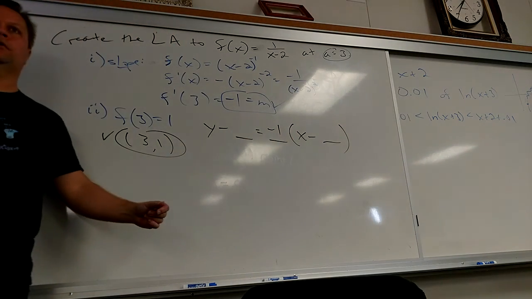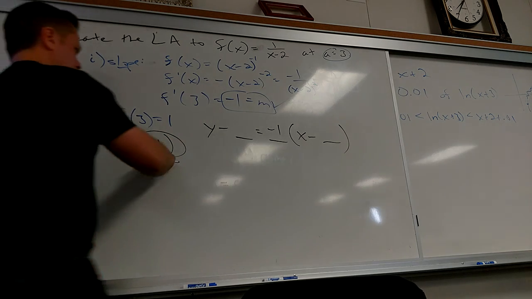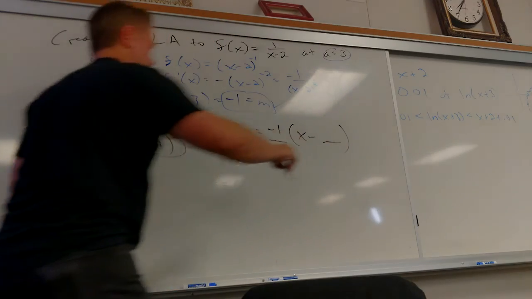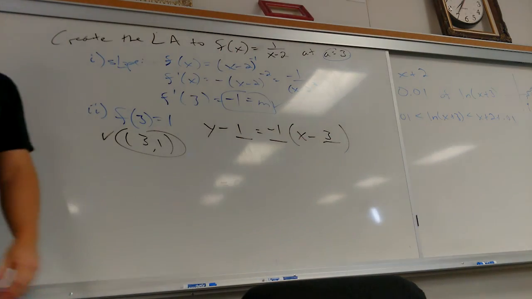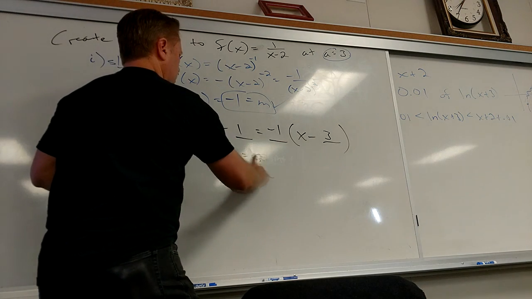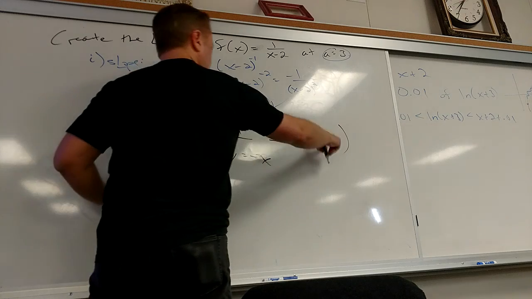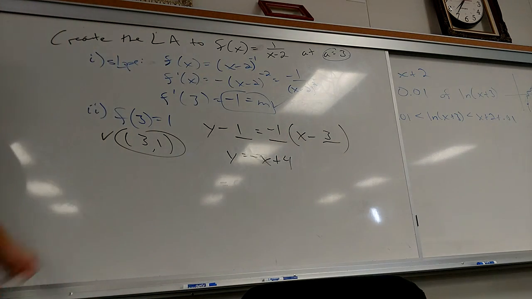Yeah. What goes here? 1. That's the y value. And what goes there? 3. Because that's the x value. So y equals negative x plus 3 plus 1. Is that cool if I just kind of get there quickly? Plus 3, and then you add 1 to solve for y.